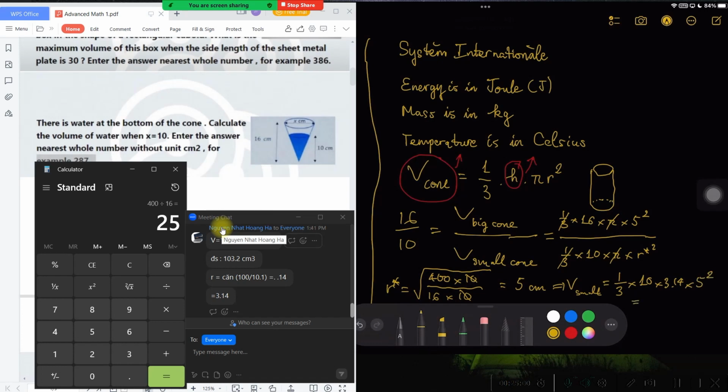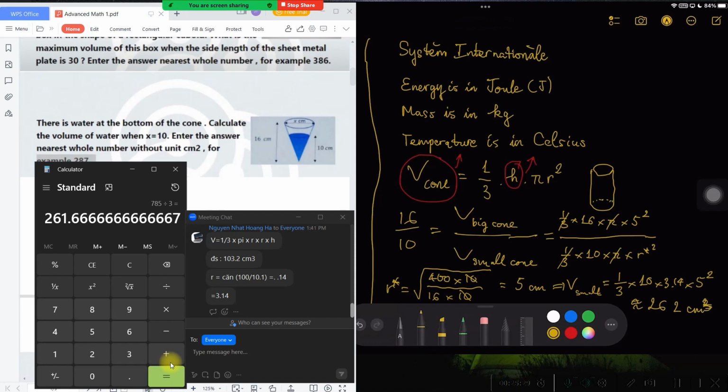How much is that? 5 squared times 3.14 times 10 divided by 3. So 262, right? It rounds up to 261. It's around 262 cubic centimeter, right? Did you get exactly this number?